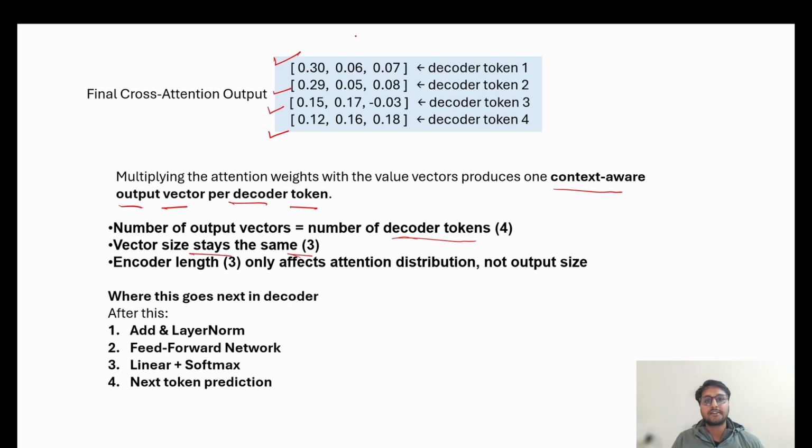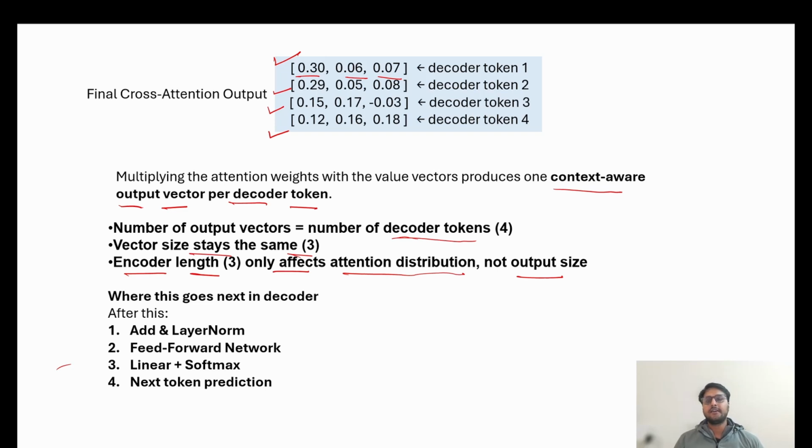You can see that each vector is of size 3. The encoder length only affects the attention distribution, not the output size. So this is today's topic, and that is all about cross attention.